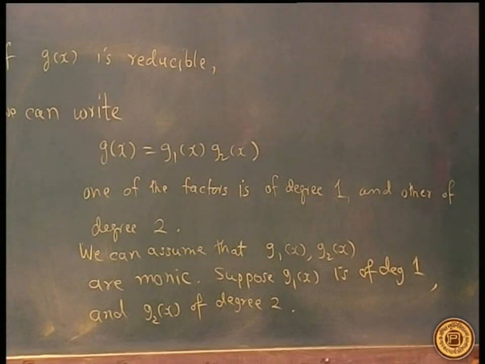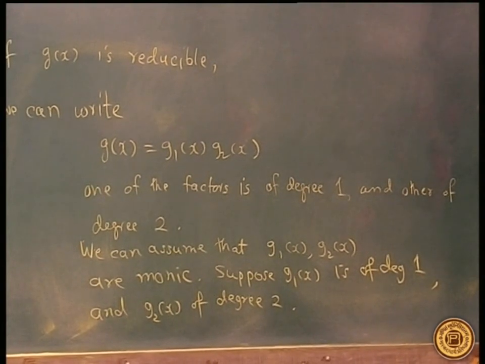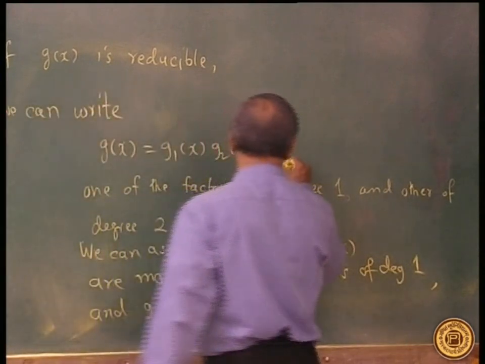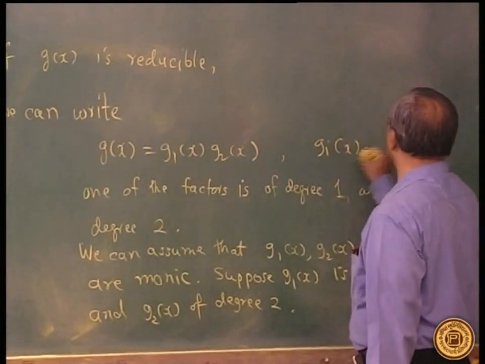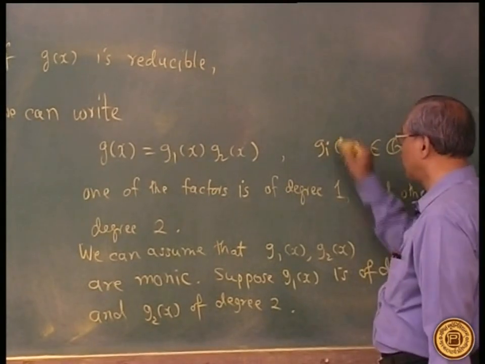Now, the theorem of Gauss says that if you take a monic polynomial with integer coefficients and write it as a product of two polynomials G1 and G2 over Q, this factorization is over Q, remember, that we can write Gx equal to G1x into G2x, where Gix belong to Qx. Moreover, you can make them monic.